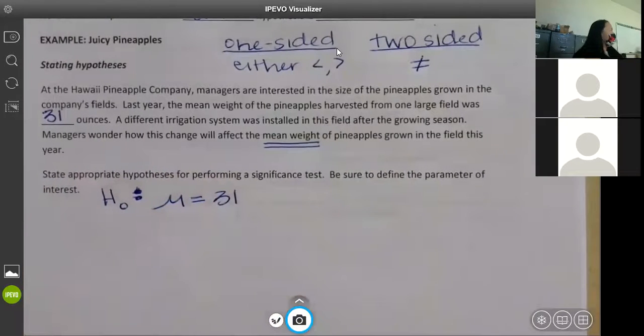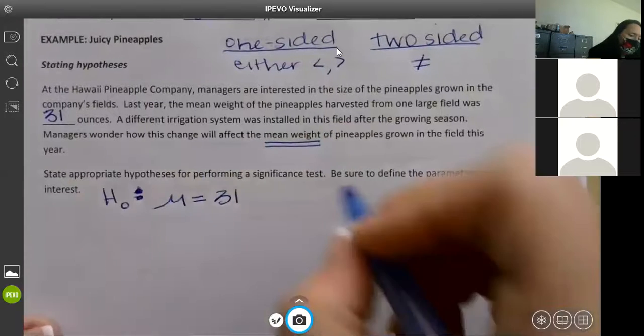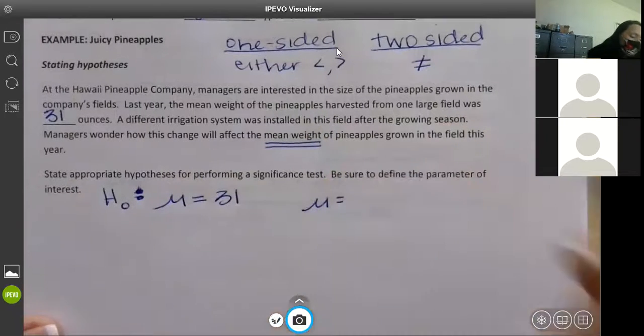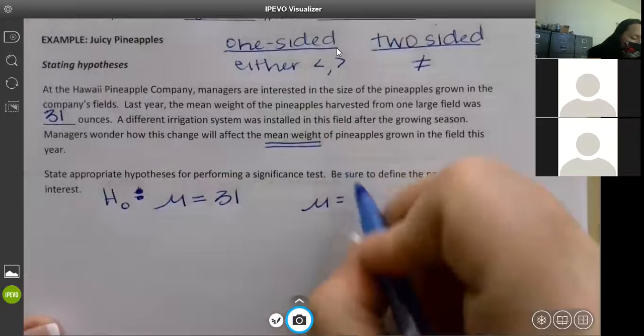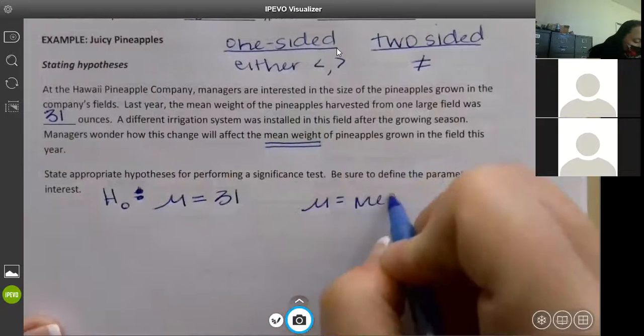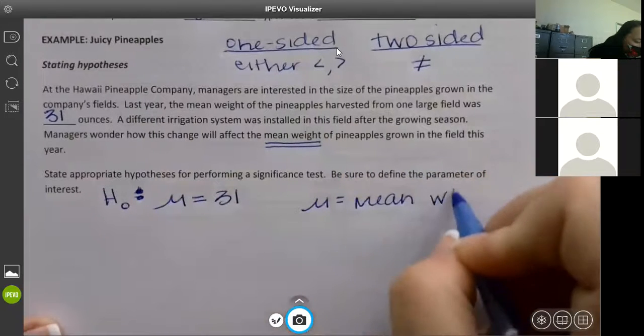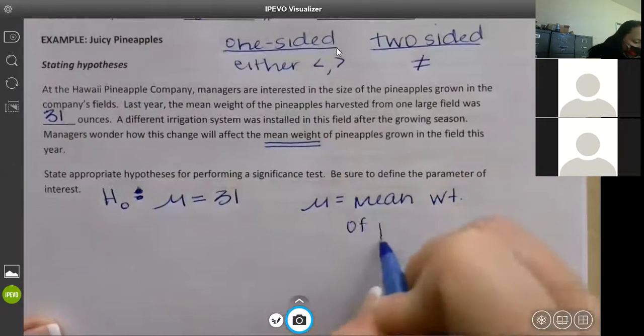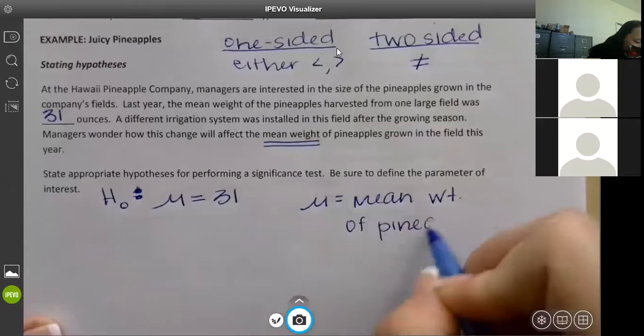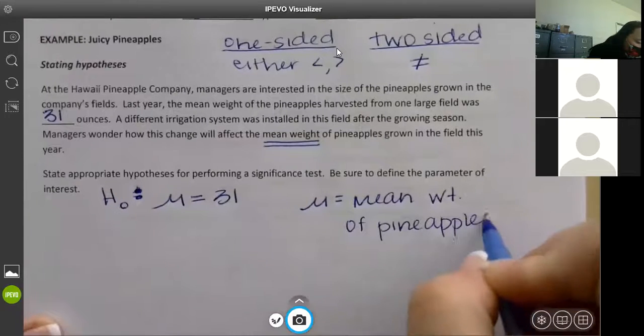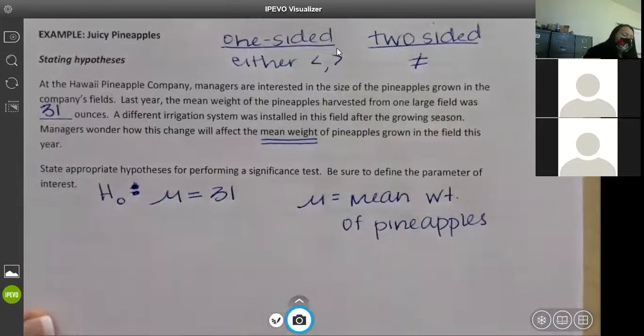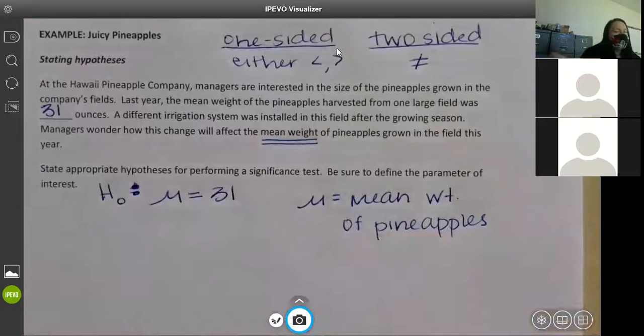There was no change at all. So what were they? They were 31. Again, it says define the parameter. Mu is the mean weight of pineapples in the field after the growing season.